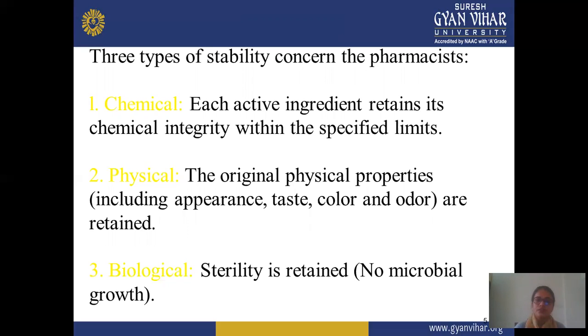In chemical stability study, each active ingredient retains its chemical integrity within the specified limit. Means during or after formulation, each ingredient, maybe excipient or your drug, remains in a stable condition for a specified time limit, up to the expiry date, and does not change its property. If a particular excipient or drug changes, then your formulation may also change or show certain instability problems.